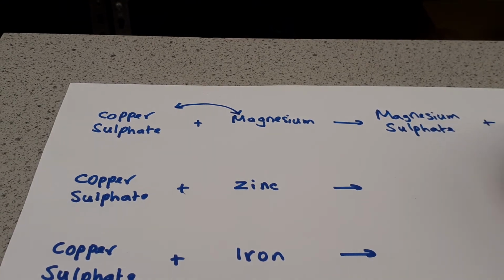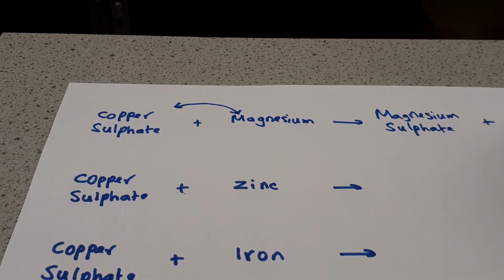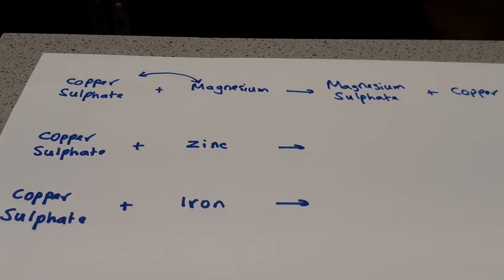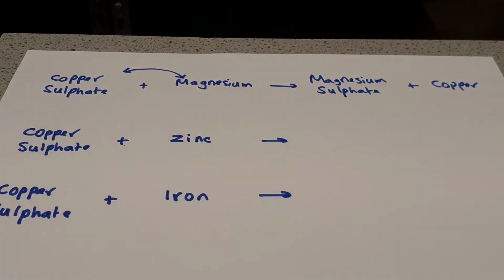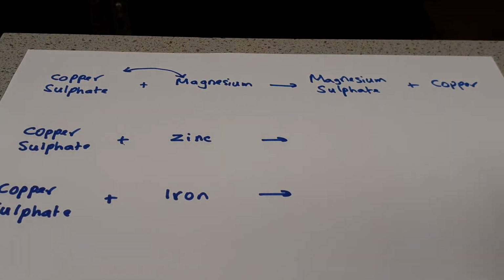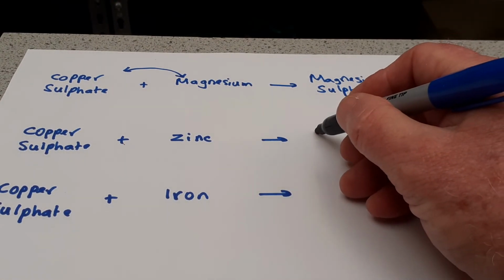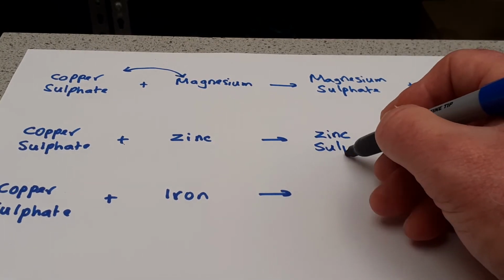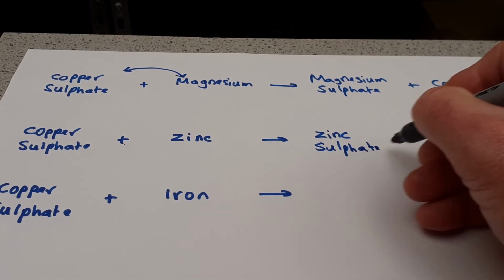Hence our observations: a reddy brown coating of copper metal, and also the solution gets paler because magnesium sulfate solution is colourless. Similarly with copper sulfate and zinc, we get zinc sulfate and copper.